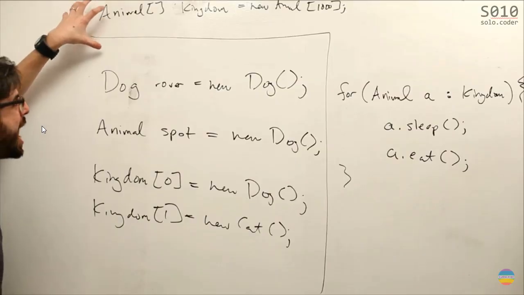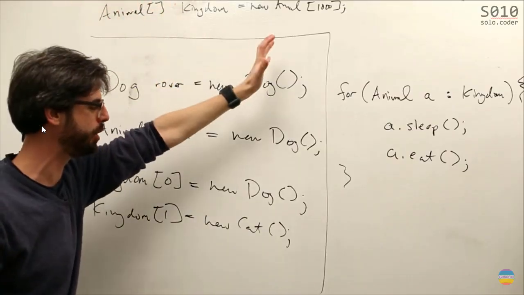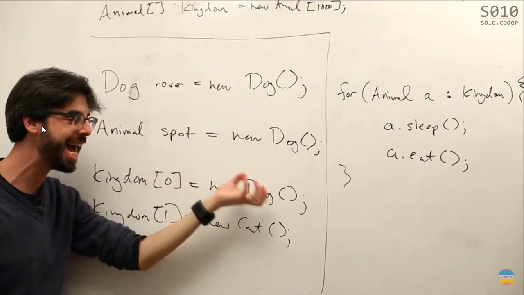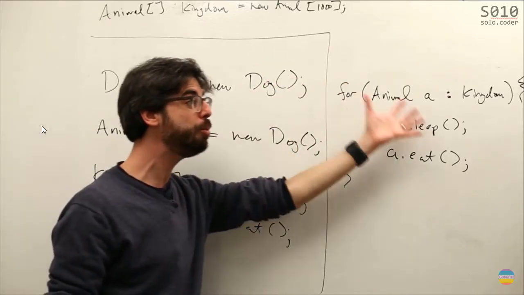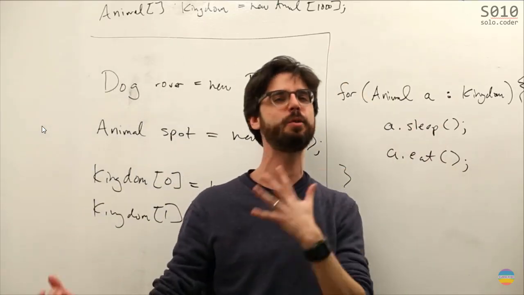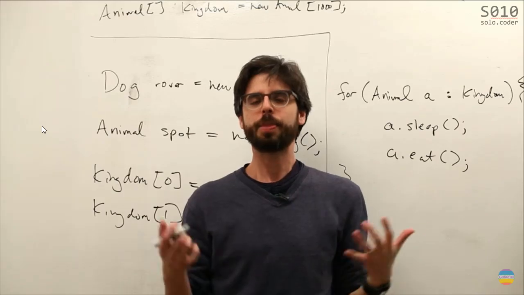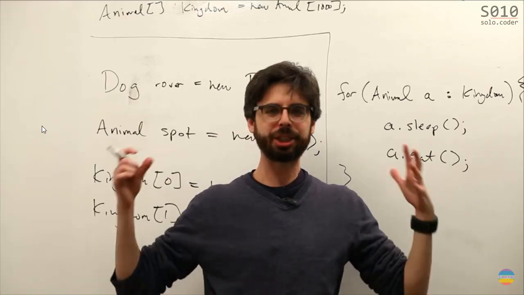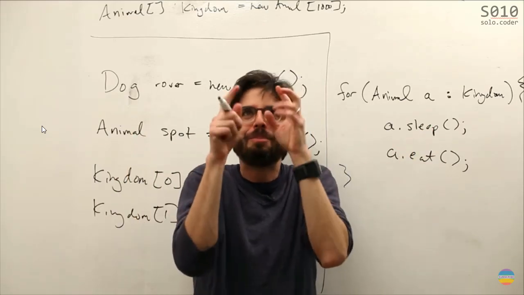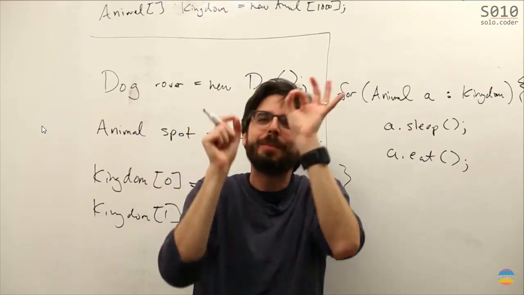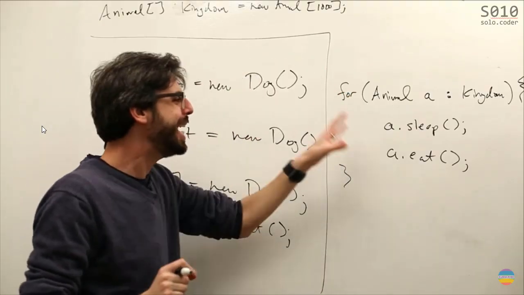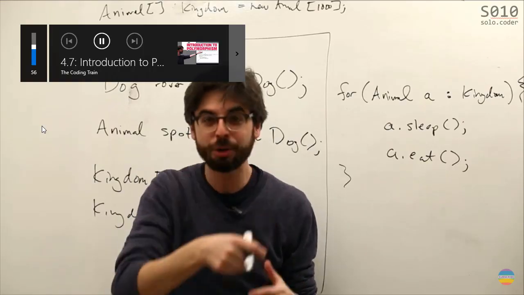We can have an array of generic animals. We can put specific kinds of animals in that array. We can loop through all of them, and we don't have to keep track of which one is which. Java, the computer, the little people inside the computer pulling all the switches and buttons, keeps track of all of that for us. This is incredibly powerful.